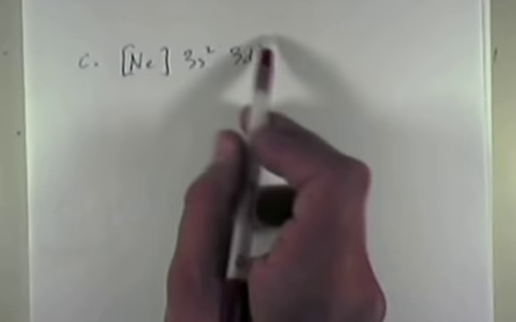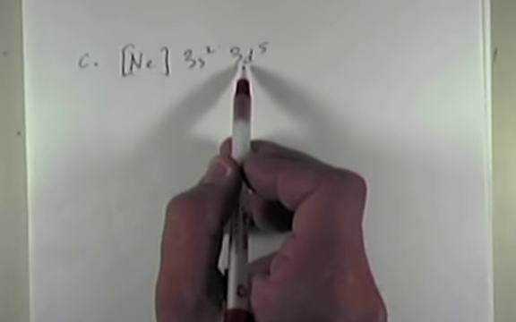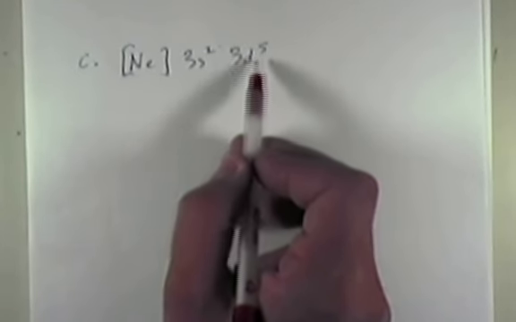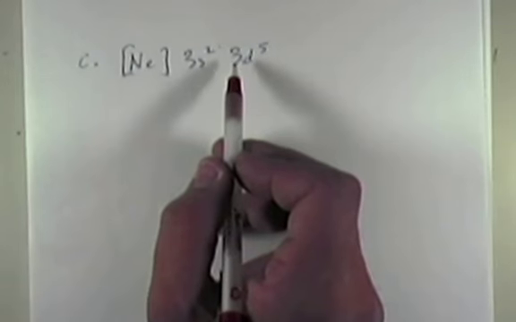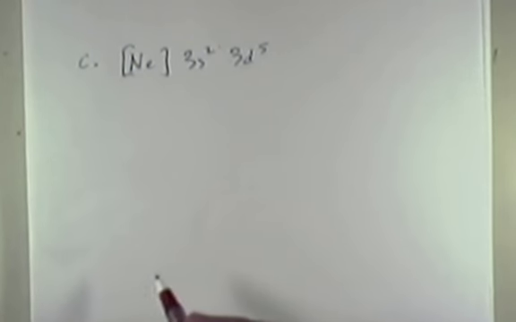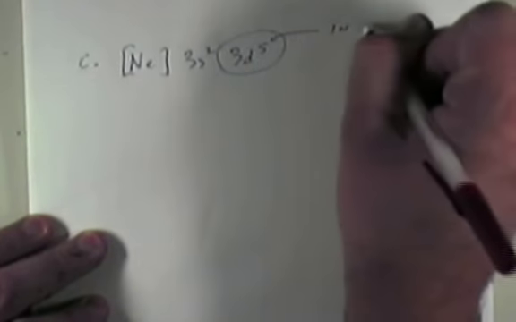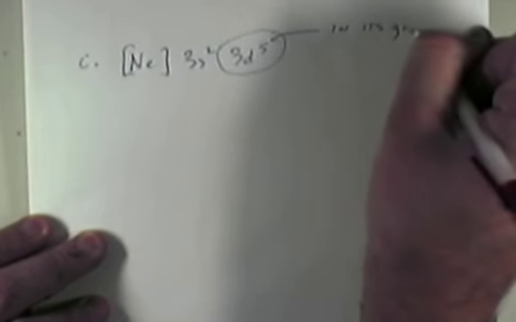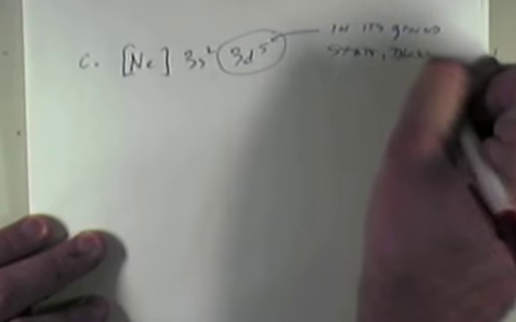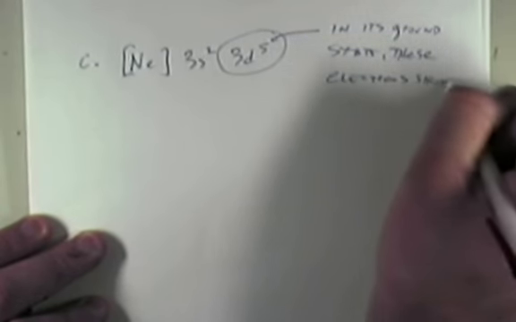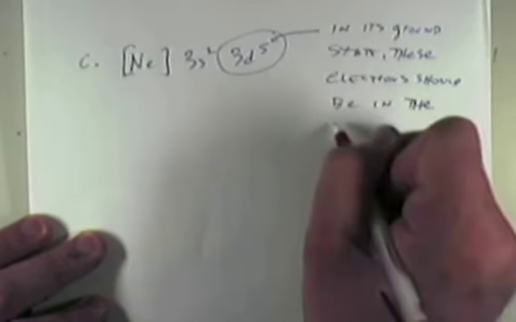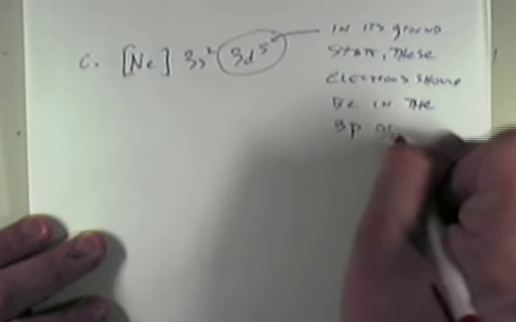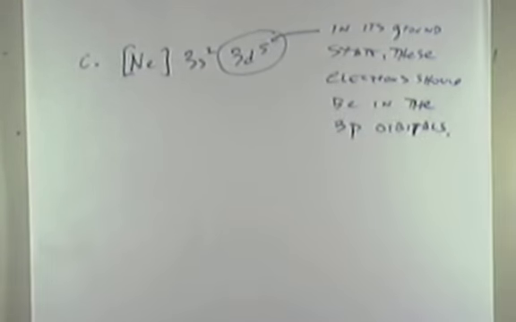However, the next electrons that we see are all the way up in the 3d orbitals, which don't begin until you hit element number 21. So what this means is, in its ground state, these electrons should be in the 3p orbitals. And that answers that question.